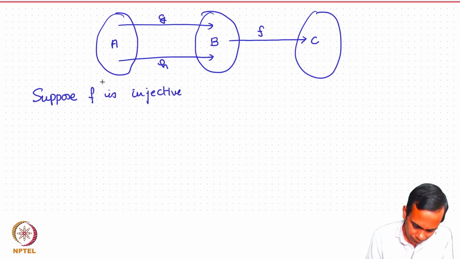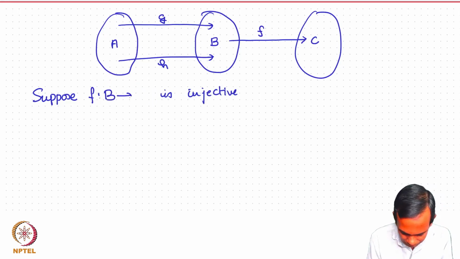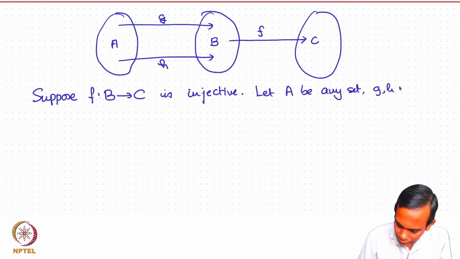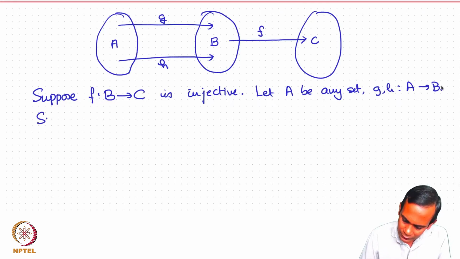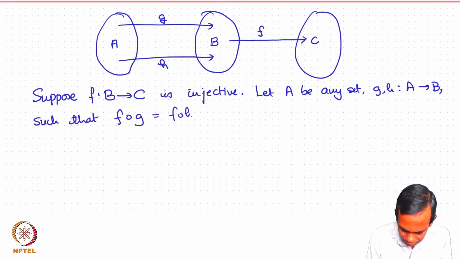Remember f is from B to C. Let A be any set and g, h be functions from A to B, such that, the hypothesis, f circle g is equal to f circle h.